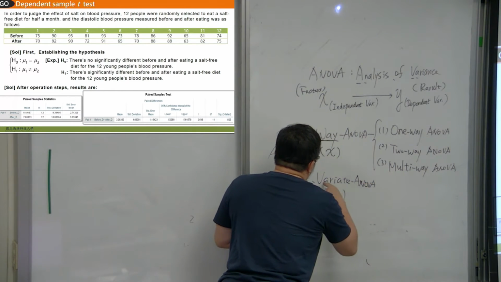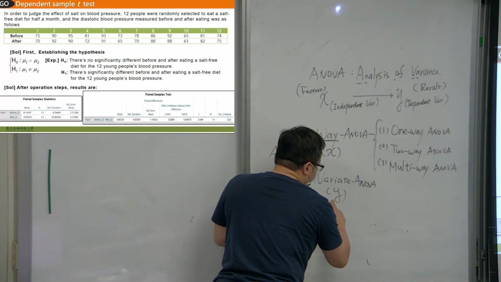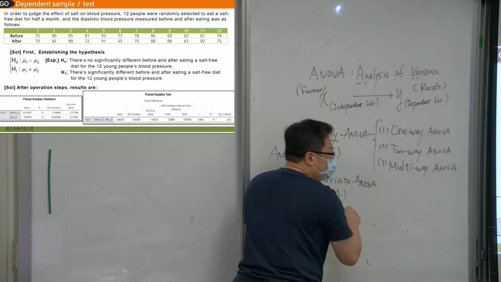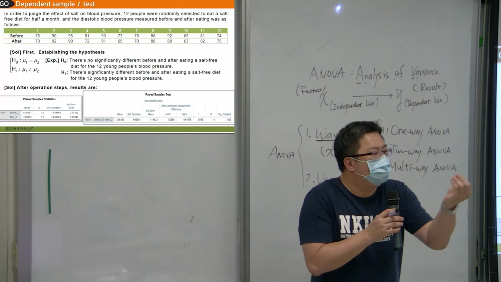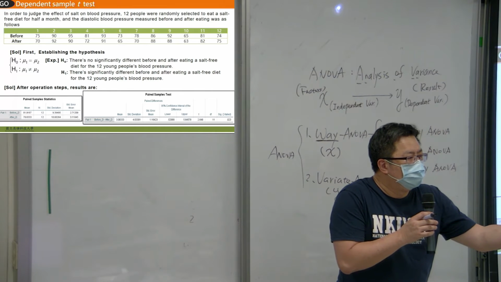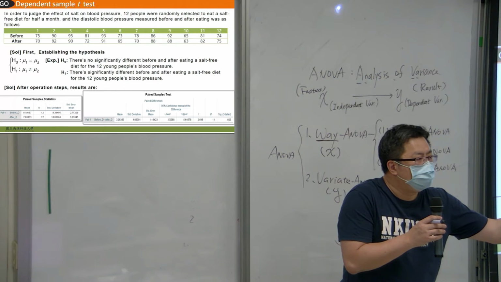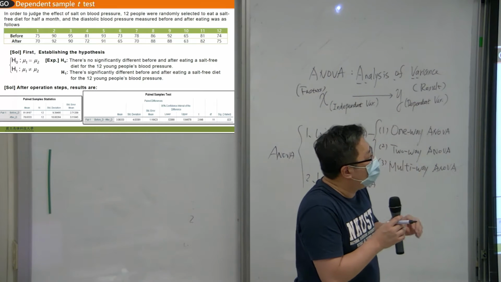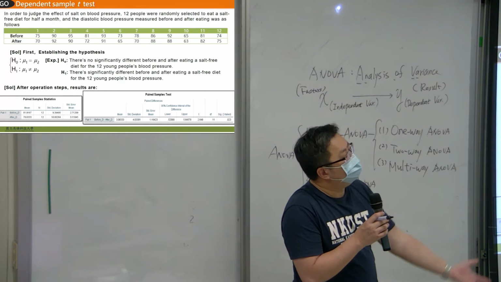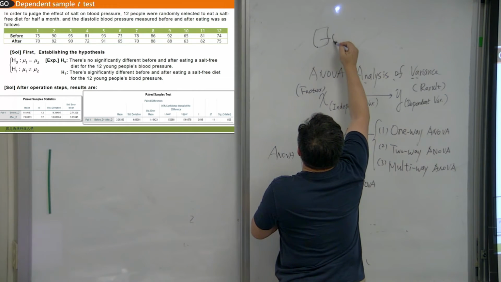When I see bivariate ANOVA, oh, I know you are researching the dependent variable. For example, I give you a new fertilizer to feed the plant, right? The fruit, okay? Oh, I want to see whether the sweetness will improve or not. I give you a new fertilizer.